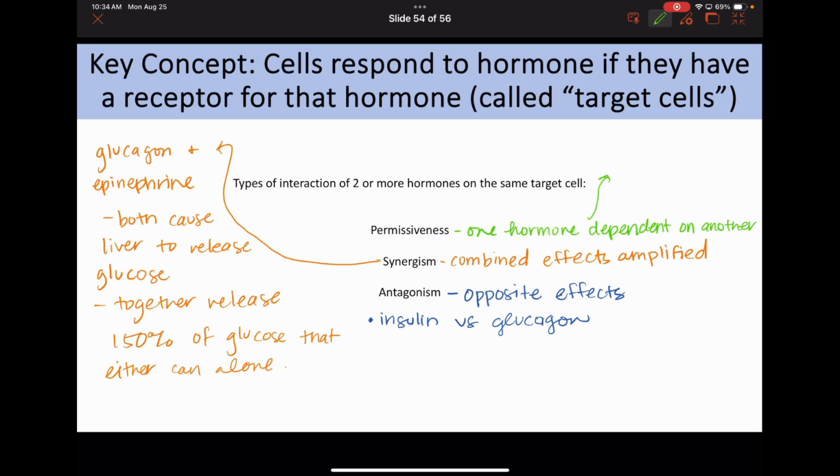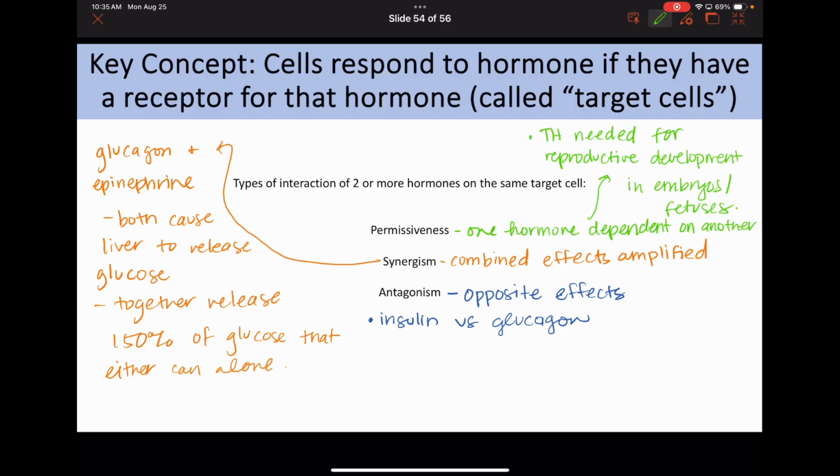Okay. Is that thyroid hormone is needed for reproductive development in embryos and fetuses.